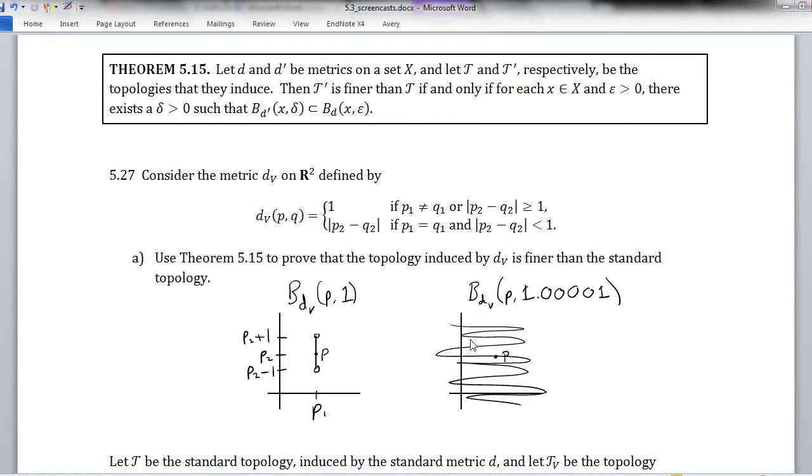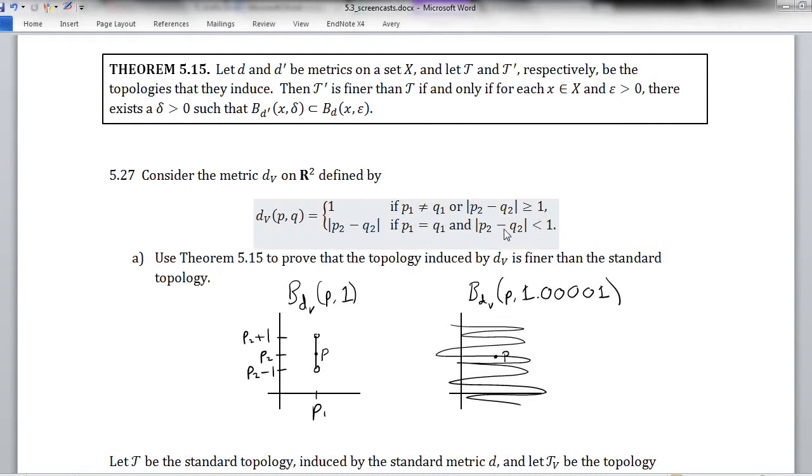Well, what do the open balls look like with respect to this metric? Pick a point P here in the plane, and the open ball of radius 1. Well, that consists of all the points that are at a distance less than 1 from P. So basically, we don't want the first case, but we want anything in the second case, because this distance here is always going to be less than 1.